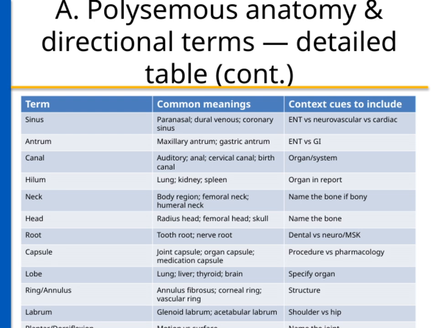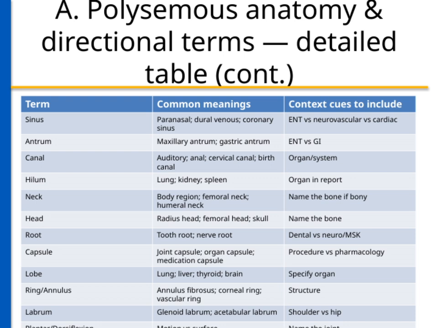This term can refer to the paranasal sinuses, dural venous sinuses, or the coronary sinus. The context is key here, whether we're discussing ENT issues, neurovascular concerns, or cardiac conditions. Next, antrum can mean the maxillary antrum in the nasal cavity or the gastric antrum in the stomach. Again, context helps us distinguish between ENT and gastrointestinal topics.